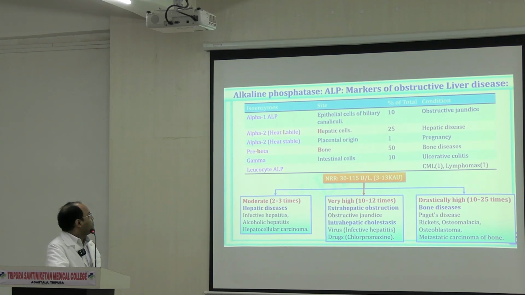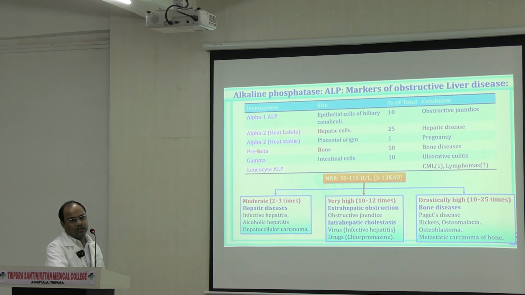Alpha 2 heat stable is of placental origin. In case of pregnancy, if you do a blood test, you can see a high level of alkaline phosphatase. It is actually normal. The percentage is approximately 1%. In pregnancy, the level may increase because of placental origin. The pre-beta fraction is actually from bone.